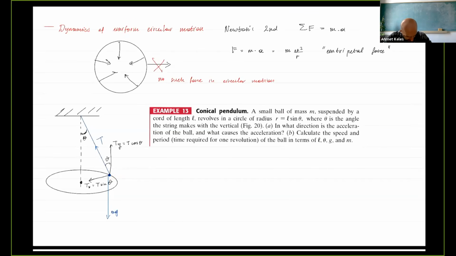All right, let me set up the equations. There's no motion along this direction, so the total force along y should be 0. Then Ty, which is T times cosine theta, should be equal to m times g.